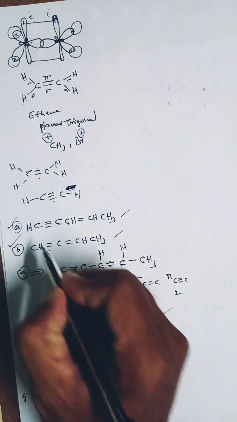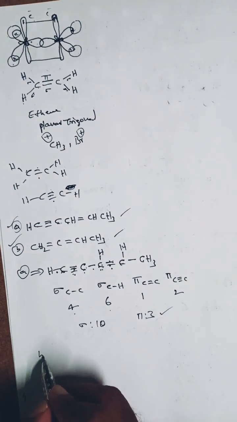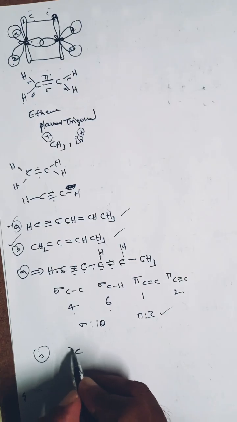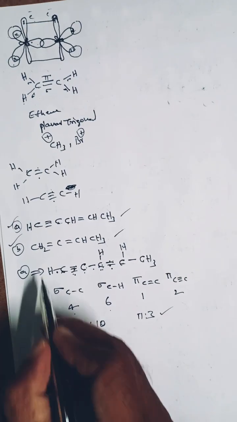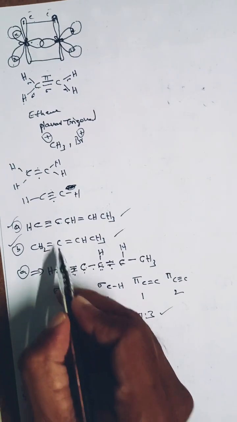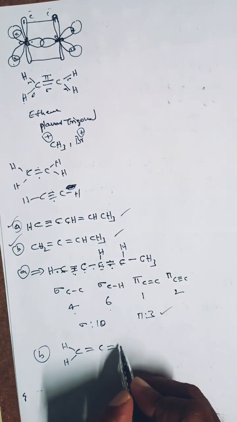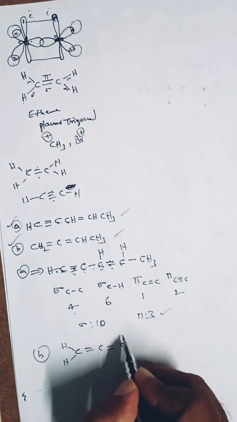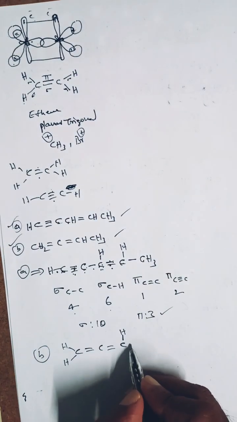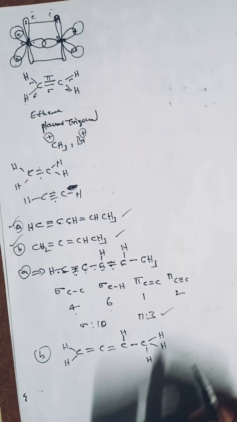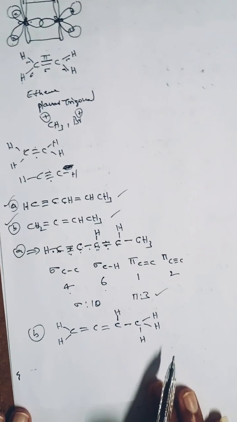And the second one, if we see that one, B: CH2, here H, here H, this one double bond. I am expanding this C and double bond. This C–H is like this, and here C, H, H, H. I expanded that one.